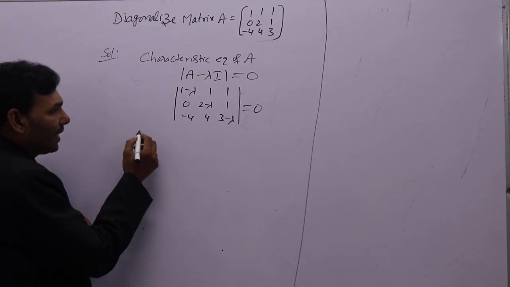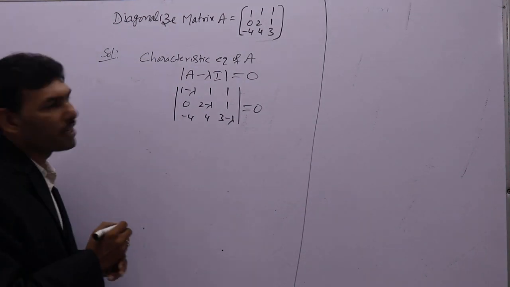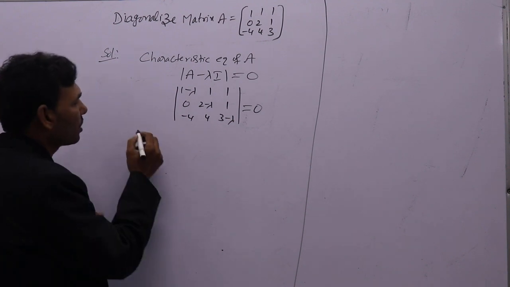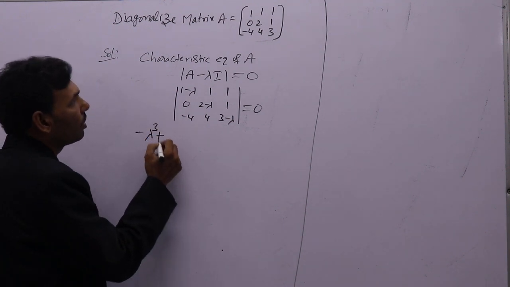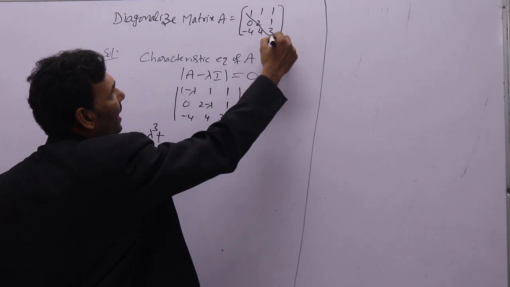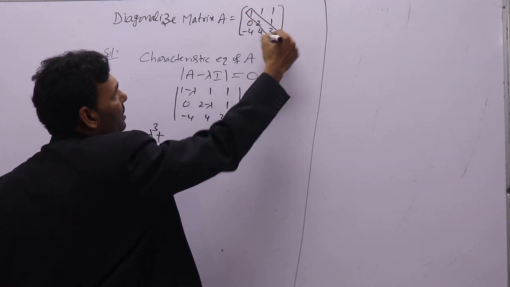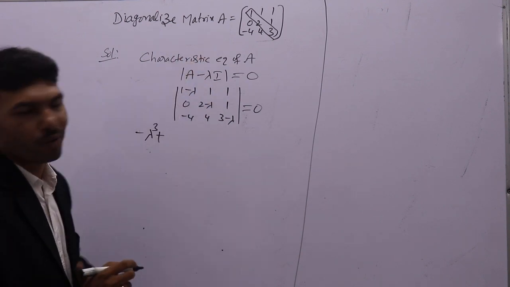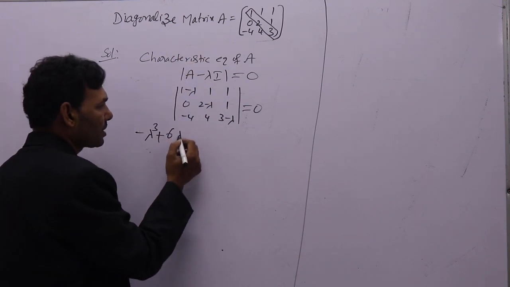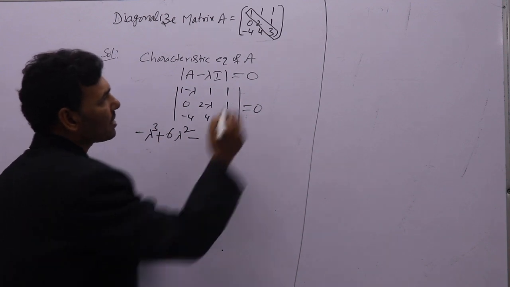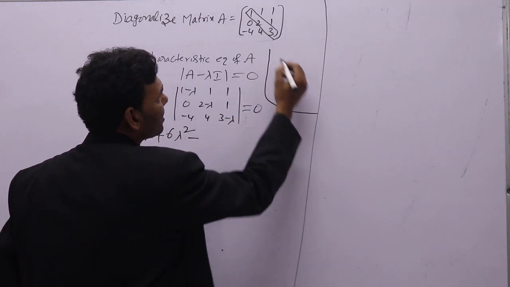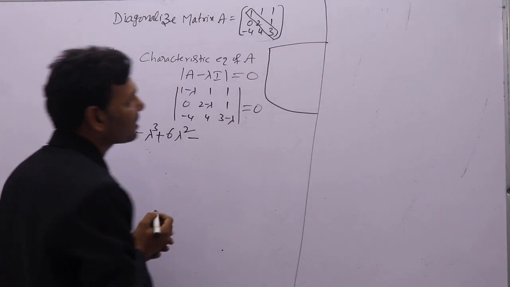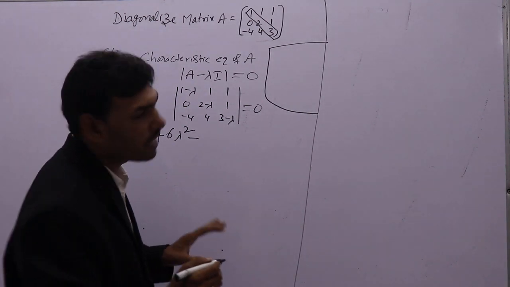Now for the characteristic equation, I said there is one small technique, and I am going to use that technique. Minus lambda cube plus the sum of diagonal elements: add the 3 elements, 3 plus 2 is 5, 5 plus 1 is 6, so 6 lambda square, minus the sum of cofactors. Just now I said how to calculate the sum of cofactors for the principal diagonal.